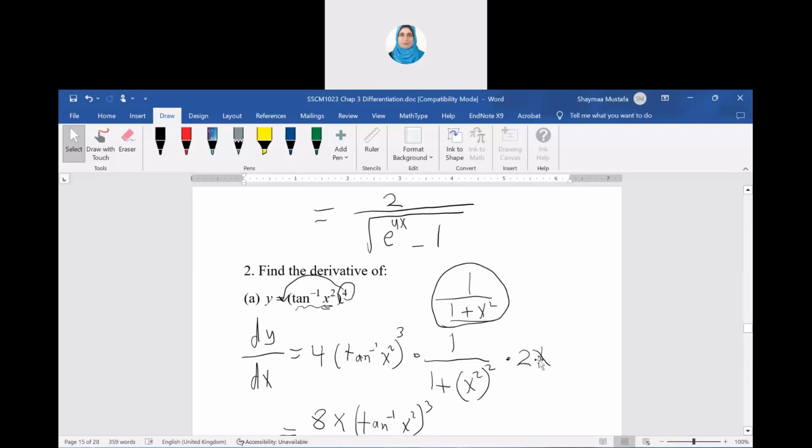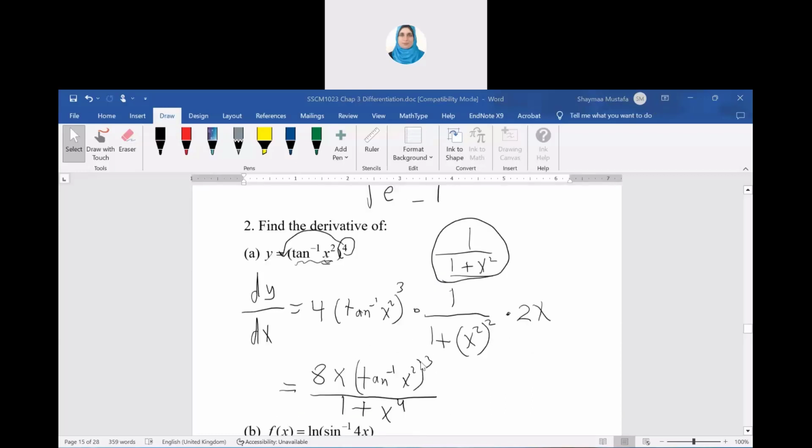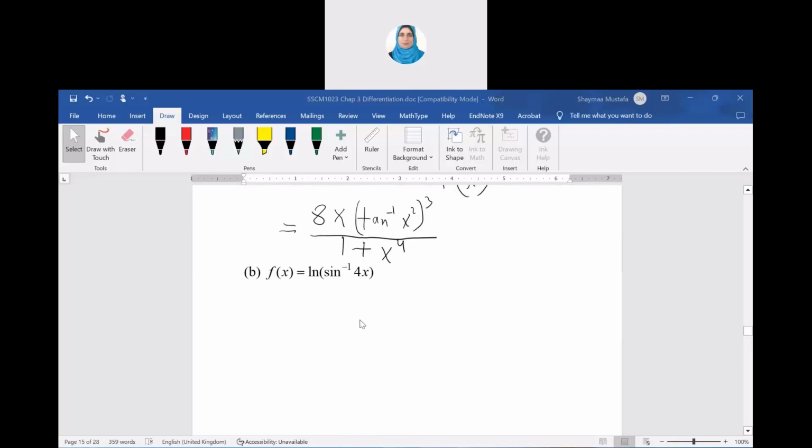Multiplied by the derivative for x squared, which is 2x. So again, I start from the power. Then I go for the derivative for tan inverse, but this is not tan inverse x, this is tan inverse x squared. So you have to replace x by x squared. Then multiply by 2x, which is the derivative for x squared.